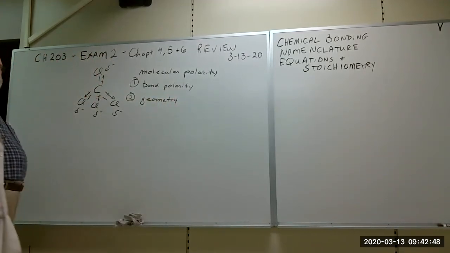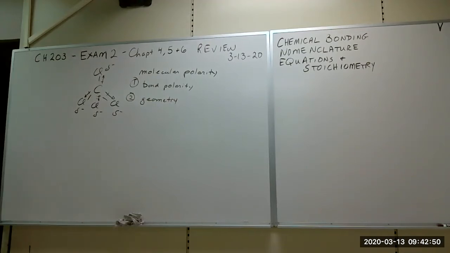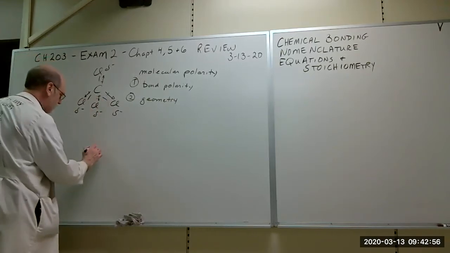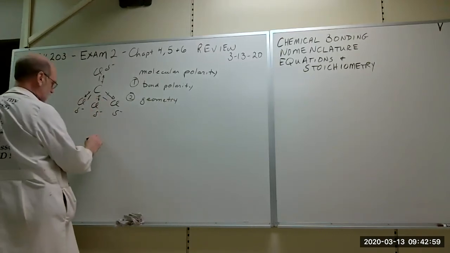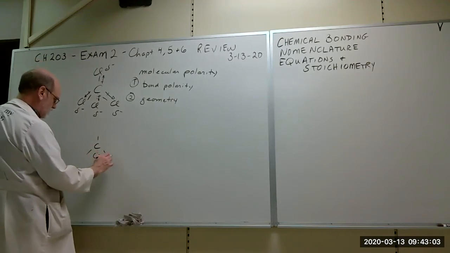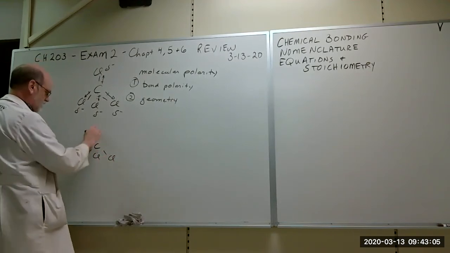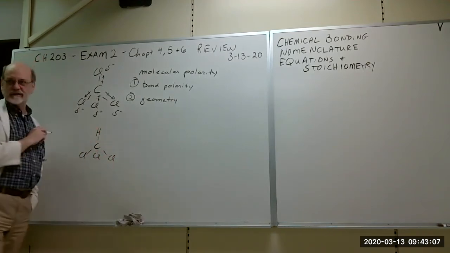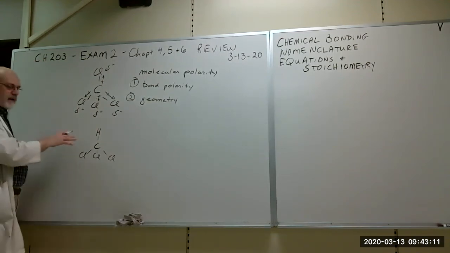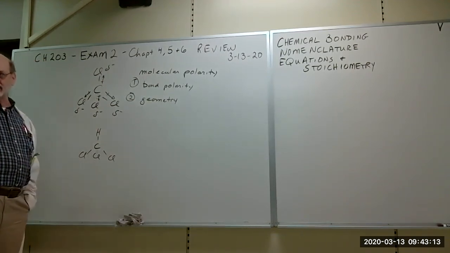If we had, let's see, how about this one? Take carbon again, and we got chlorine, chlorine, chlorine, hydrogen. So carbon and hydrogen are almost the same.